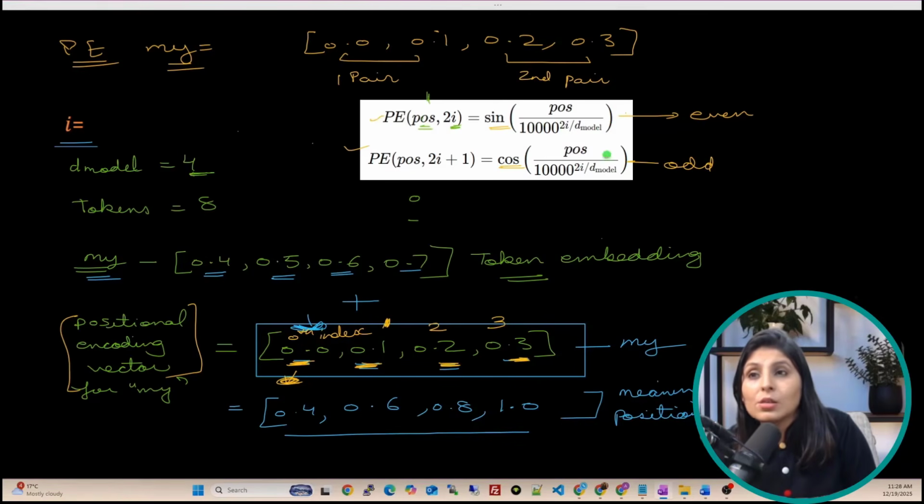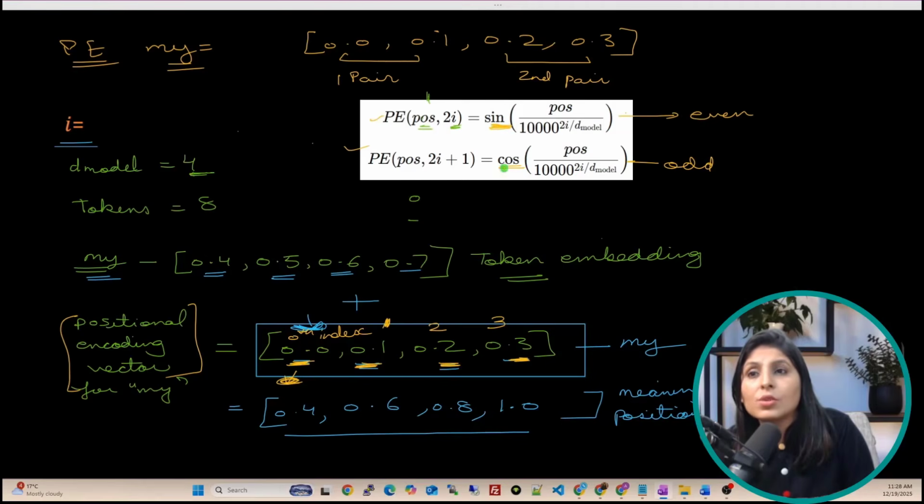That is why there are two formulas in the positional encoding section of the original paper, because they added a rule that you will work on pairs of indexes. The very first index is 0, which is an even number. An even index will always use the sine formula and the odd index will use the cos formula.